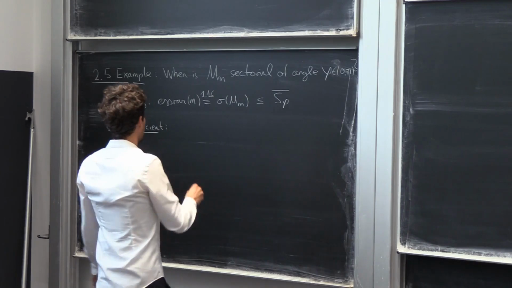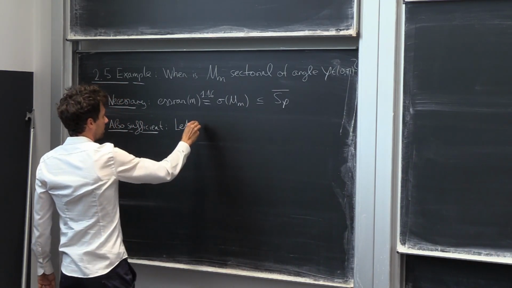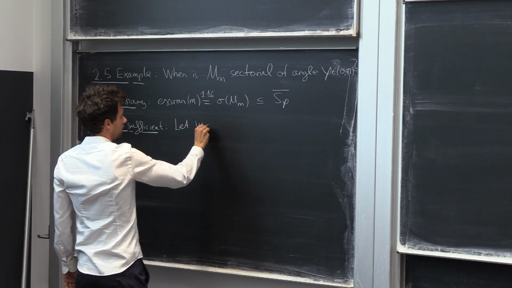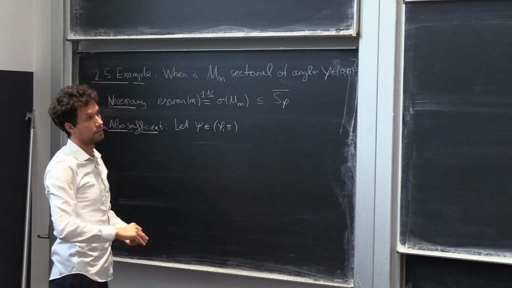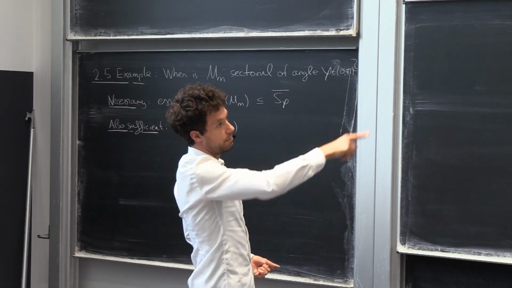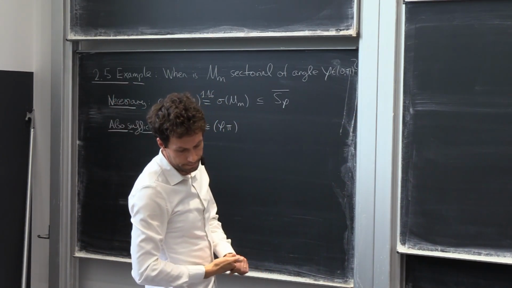Okay, so let's see. Why is this sufficient? Well, I have to do as the definition that I erased tells me, so I take an angle psi between phi and pi. And you can always look at this picture. I'm going to get to the picture in a second to do the work with you.